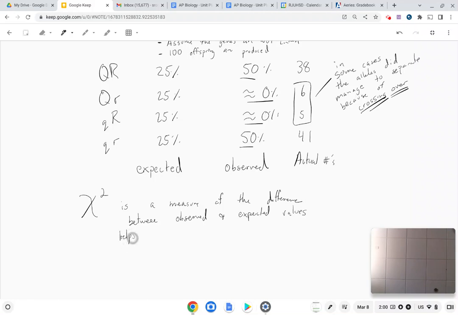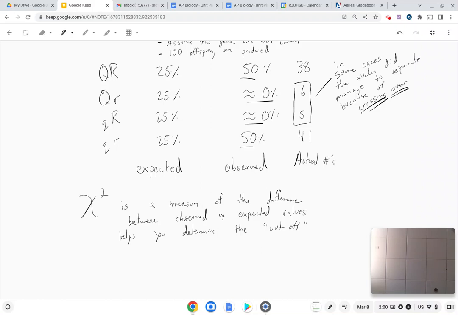Basically helps you determine the cutoff. Quote, cutoff. I don't know how else to say it, but it's like, what's the cutoff? How do we know if the numbers are different enough to count? So we use the chi-squared to figure that out.